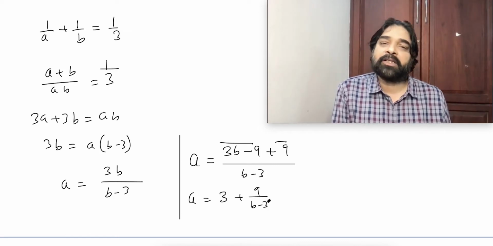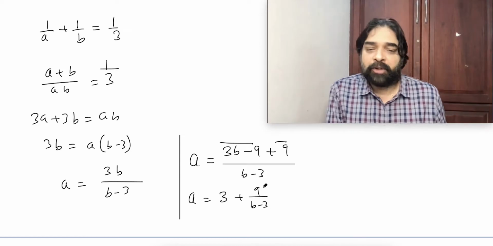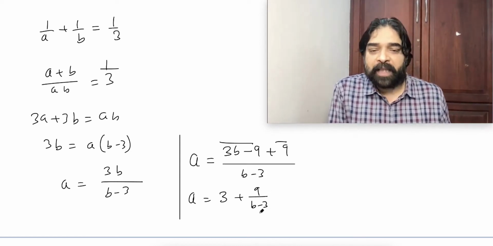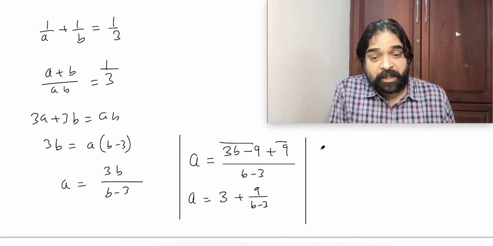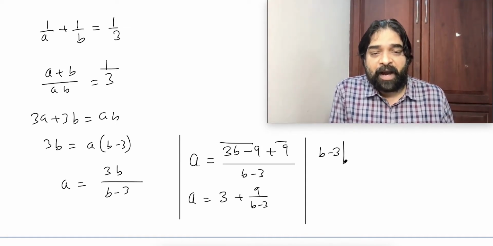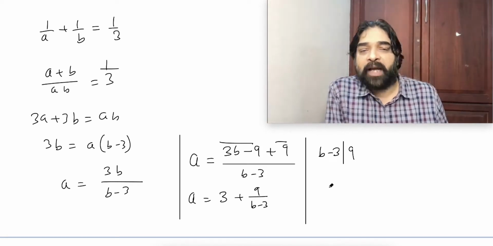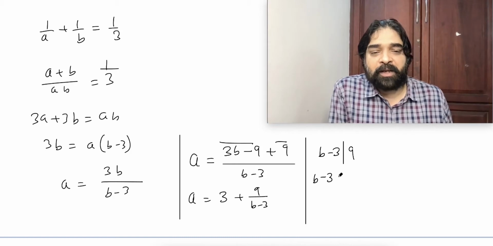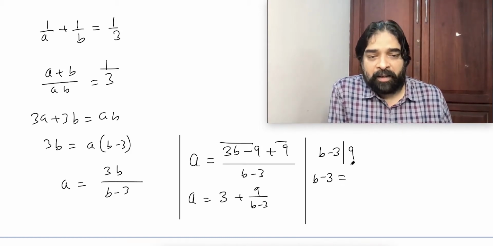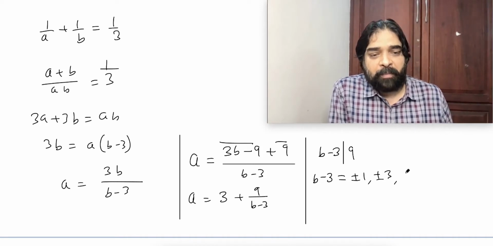Try to recall such kind of question we did. a is an integer and this is 3, so this should be an integer. Means 9 by b minus 3 must be an integer, which means b minus 3 must divide 9. Yes or no? b minus 3 must be equal to a factor of 9, that is plus minus 1, plus minus 3, plus minus 9.